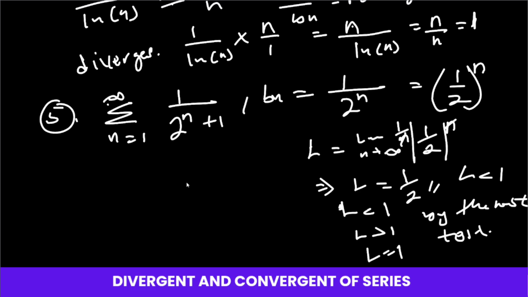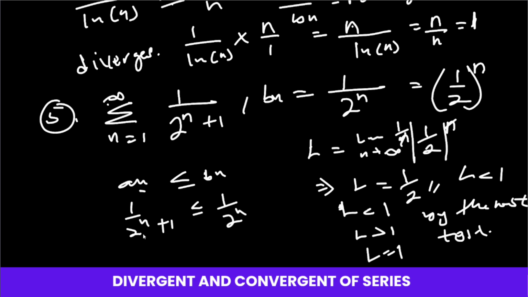If that's the case, if it converges, then an should be less than bn. An can also converge. So we have 1 over 2 exponent n plus 1 being less than or equal to bn, which is 1 over 2 exponent n.